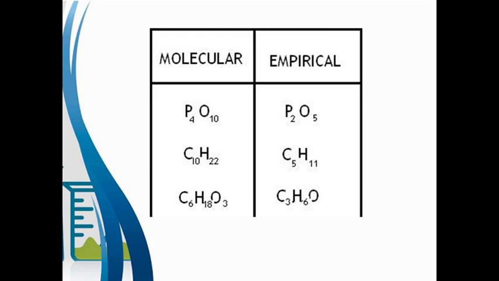So 6 divided by 3 is equal to 2, and 18 divided by 3 is equal to 6. And 3 divided by 3 is equal to 1, so it should not be written. It is understood that there is only one oxygen atom.